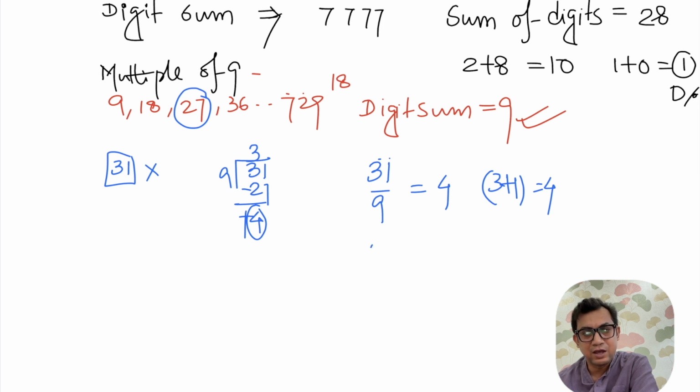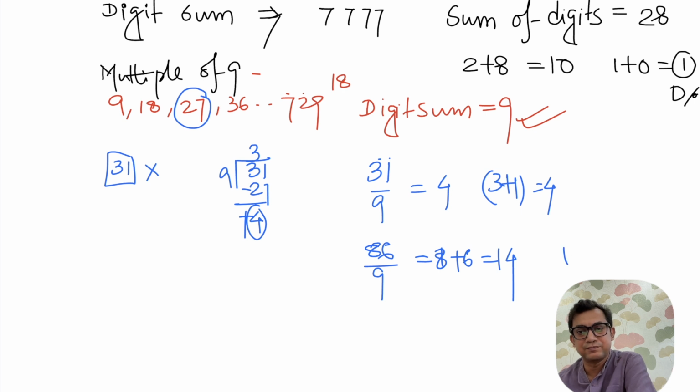So if I say 86 when divided by 9, what is the remainder? You know that 9 9s are 81, so the remainder is 5. How could I do it with the digit sum concept? That is 8 plus 6, 14. 1 plus 4, 5.